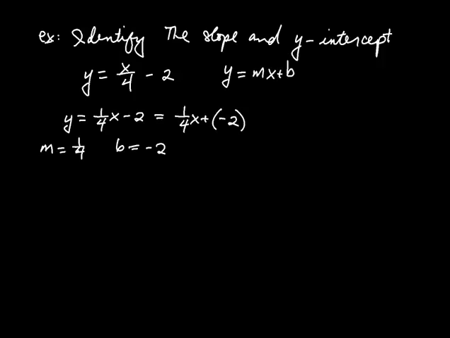Okay, now you might say to yourself, well, why is that the case? Why is this number the slope, and why is that number the y-intercept? And that is a very important question. Let's see if we can answer it now.